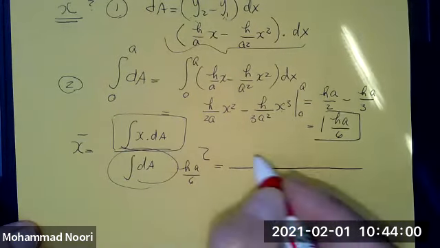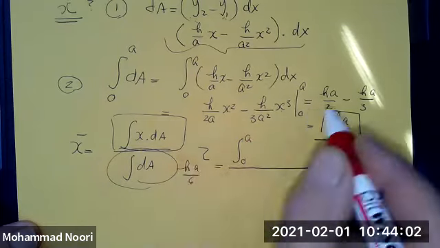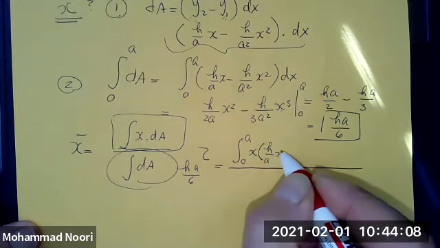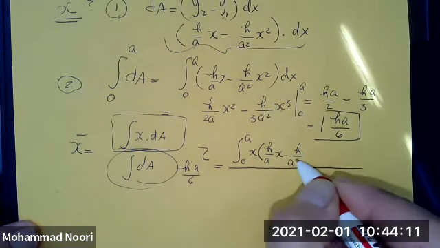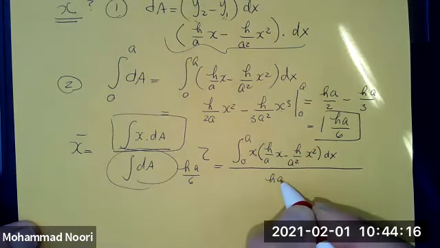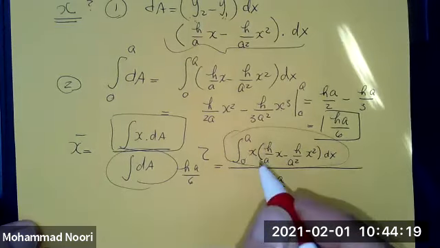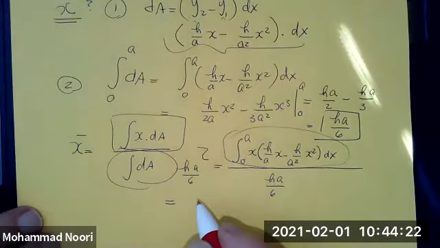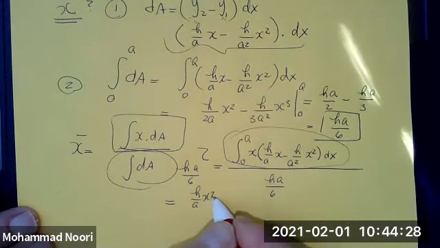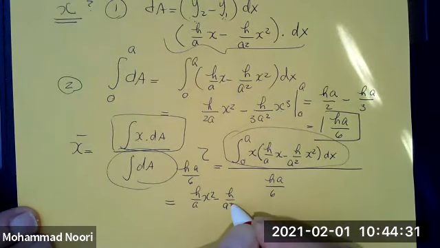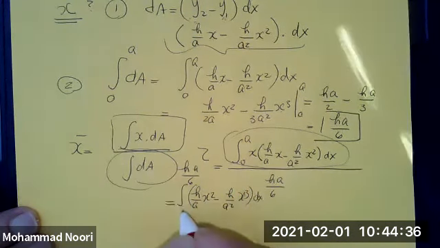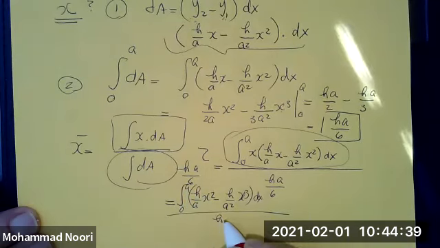That would be the integral from 0 to a of x times this function, which is x times h over a times x minus h over a squared times x squared, dx, divided by h a over 6. So all I need is to perform this integration. That would be h over a times x squared minus h over a squared times x cubed, dx, integral of that from 0 to a, divided by h a over 6.